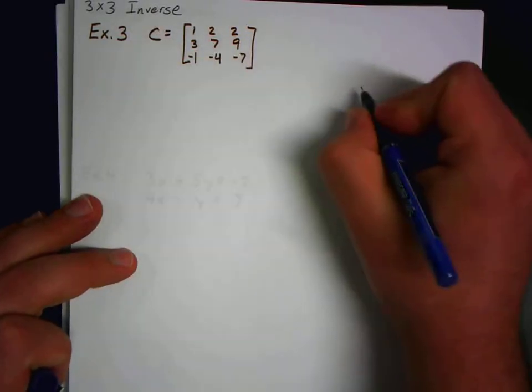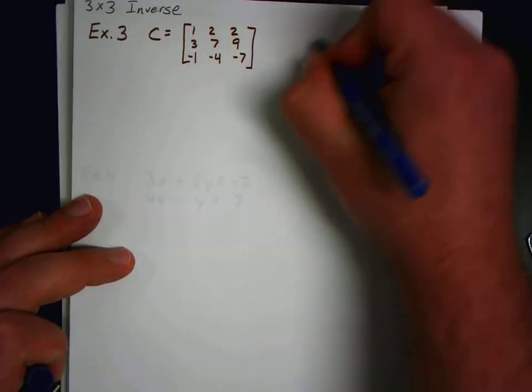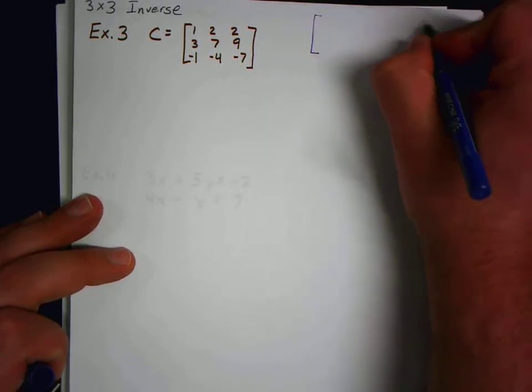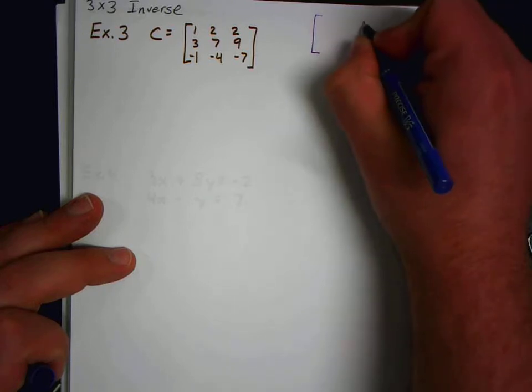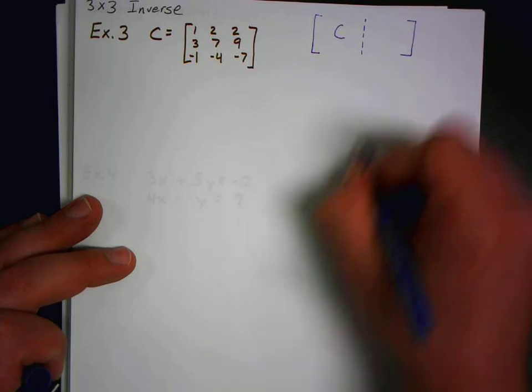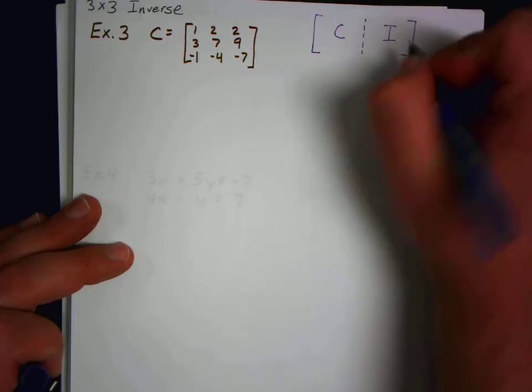So, here's the concept. We're going to make an augmented matrix. Over here, we're going to put matrix C. Over here, we're going to put the identity.